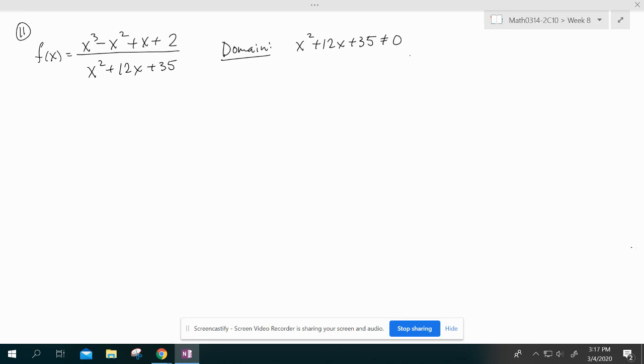Do y'all remember the 3 techniques that I covered in class? What were the 3? Completing the square, quadratic formula, and factoring. And remember, factoring was first because it was easiest. Completing the square came next because you can't have the quadratic formula without completing the square, okay?